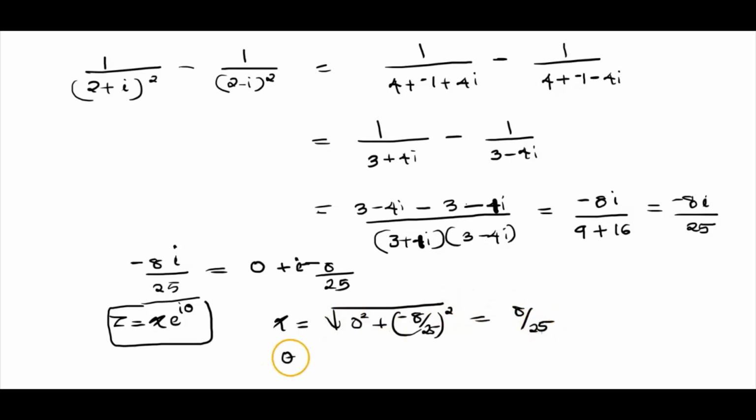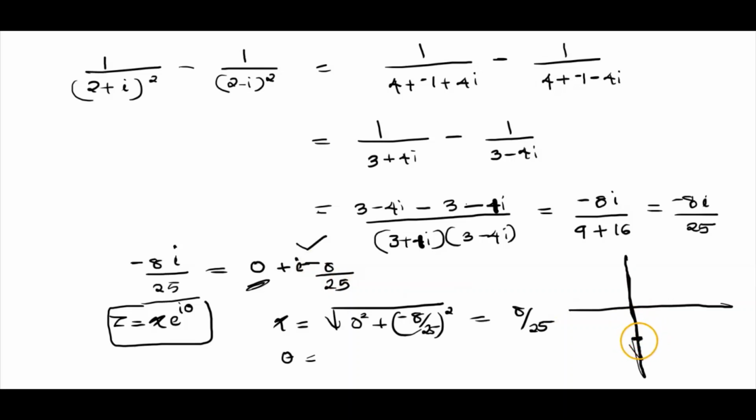Now angle theta. Here we cannot use tan inverse y by x since x is equal to 0. In the Argand plane, we know that this is i times minus 8 by 25. Only the imaginary part is here. So on the y-axis, that is the imaginary axis, minus 8 by 25 is somewhere here.